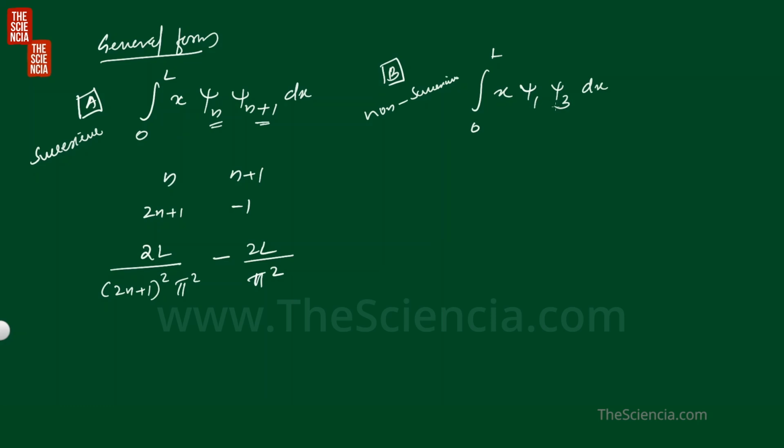See, psi 1 and psi 3 are not successive. Then this value will be equal to 0. So if you know these conditions, then you can easily find the integral values. But it is not necessary to remember all these equations. I will tell you the final two equations that are sufficient to solve any problem.